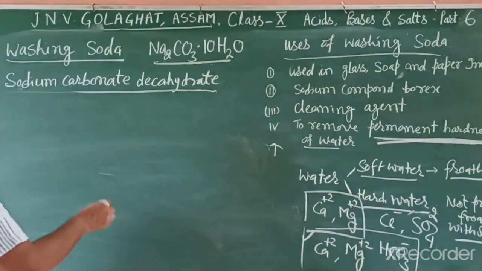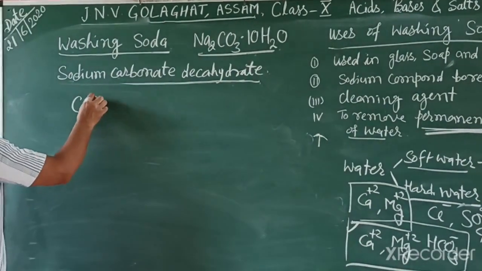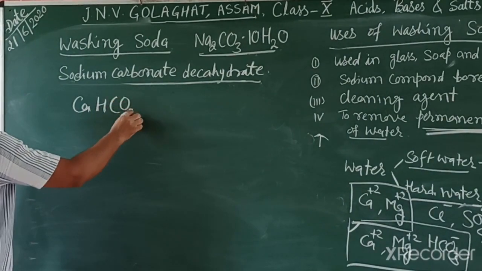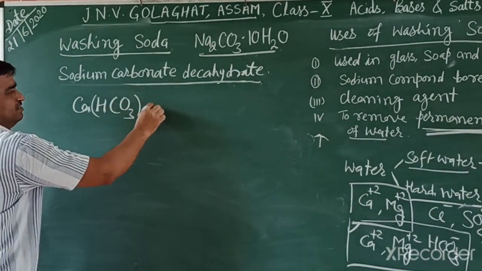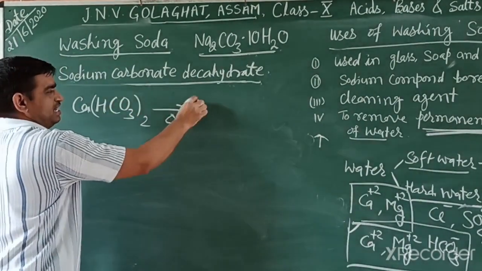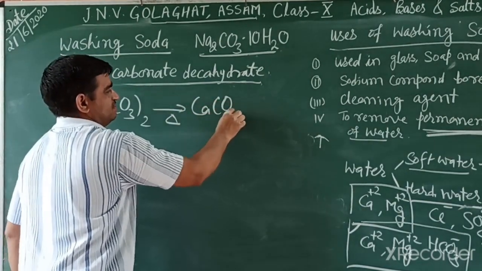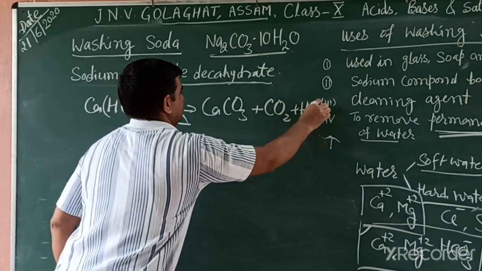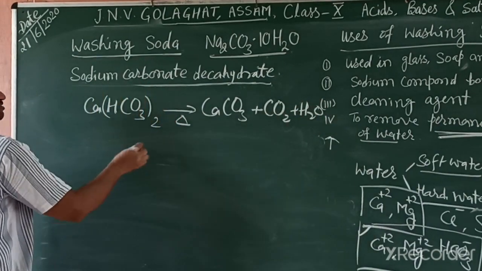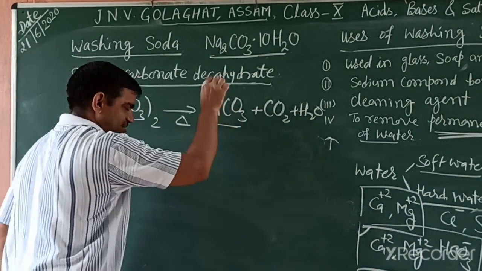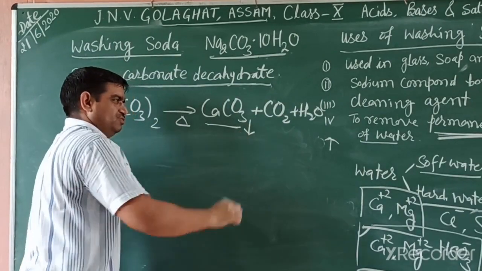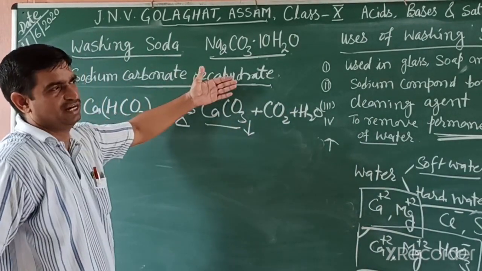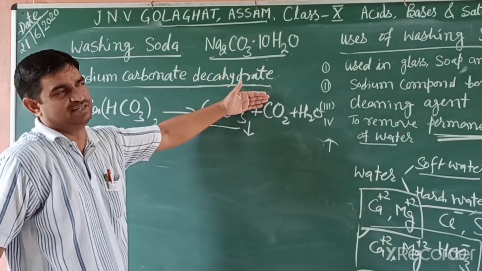Why temporary? Because when we heat that water, calcium bicarbonate is converted to calcium carbonate, and carbon dioxide gas and water are released. Calcium carbonate settles down at the bottom, so we can easily remove this temporary hardness.